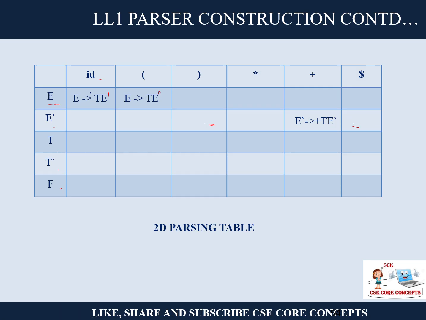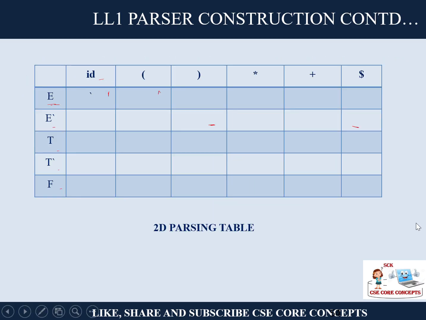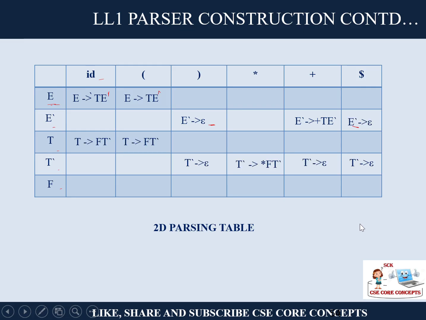Now where is the next epsilon? It is here at T prime. So when there is an epsilon, you follow plus, dollar and a closing bracket. There you are going to write the grammar for epsilon, and the rest you have to do.